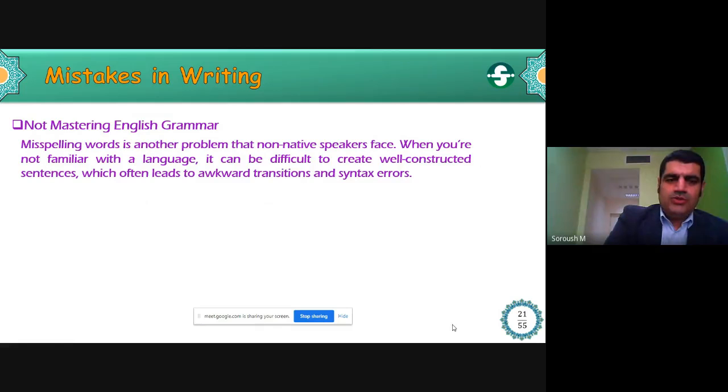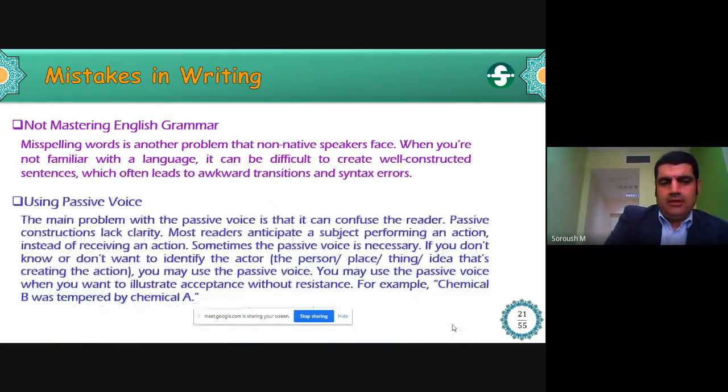And using proper words and verbs and sentences, and sometimes the style of writing in the abstract. For example, if we are talking about our work, better to say it was done. If we are talking about others' work in the abstract, better to say has done or is done.